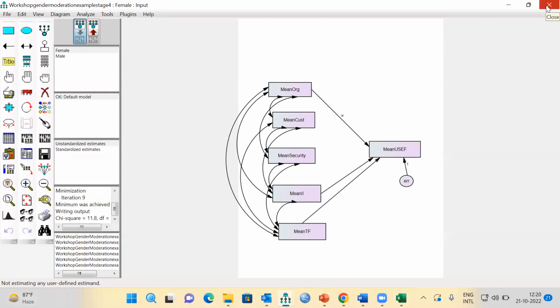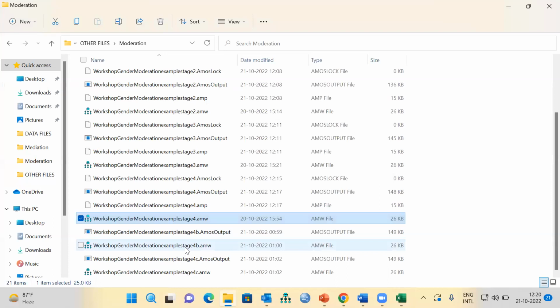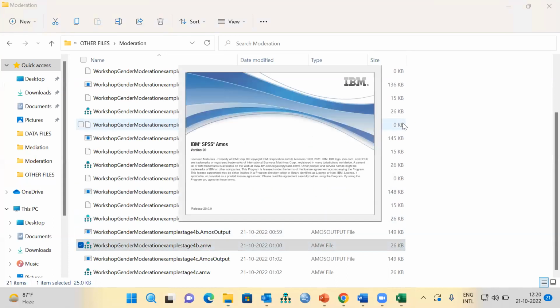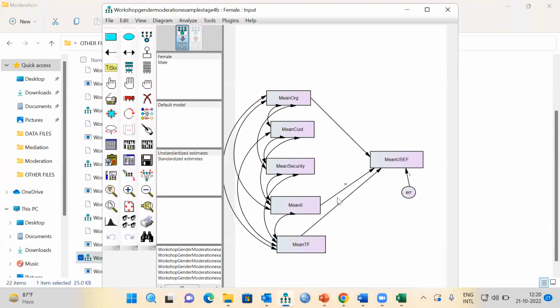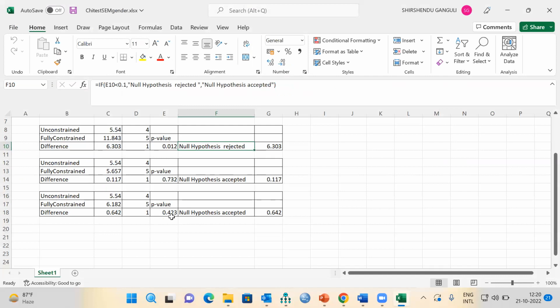Now let us check for the other two. How do you do that? You go to the second one, put the W in the second path, constrain it, run the analysis, and check the chi-square and degrees of freedom, which are 5.657 and 5. Come to the chi-square test.